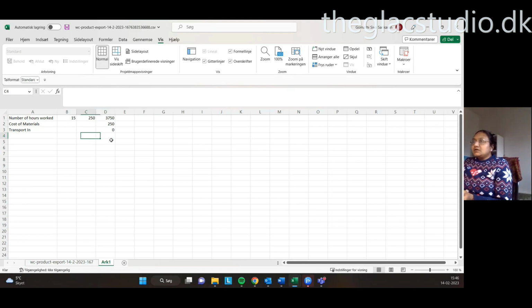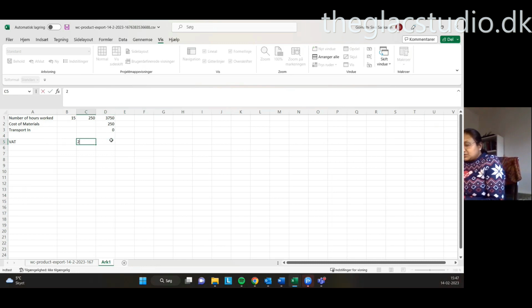In my case, and not just in my case, in most cases, there is something called VAT, value added tax. What is the tax percentage? That is actually 25 percent here. So I'm going to add up all these three for you, even though it's a zero.